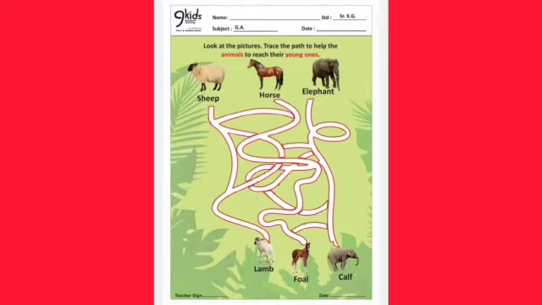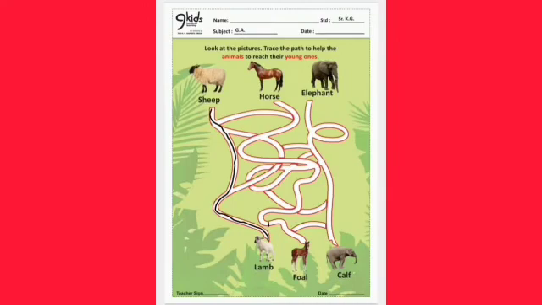L-A-M-B, lamb. So let's trace it. Can you see that? Yes. The next animal is horse. H-O-R-S-E, horse. Young one of horse is called foal. F-O-A-L, foal. Let's trace it.